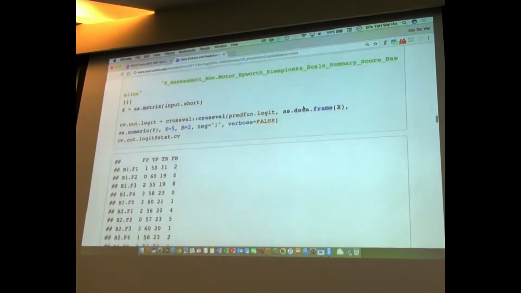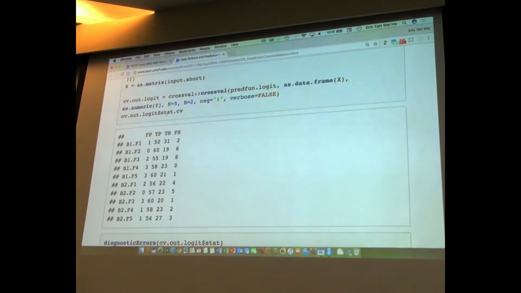And then, okay, so here for each iteration of the cross-validation, it reports, this is fold 1, iteration 1, false positive 1, true positive 50, true negative 31, and false negative 2. In other words, the error rate is these 2 false negatives and this 1 false positive.